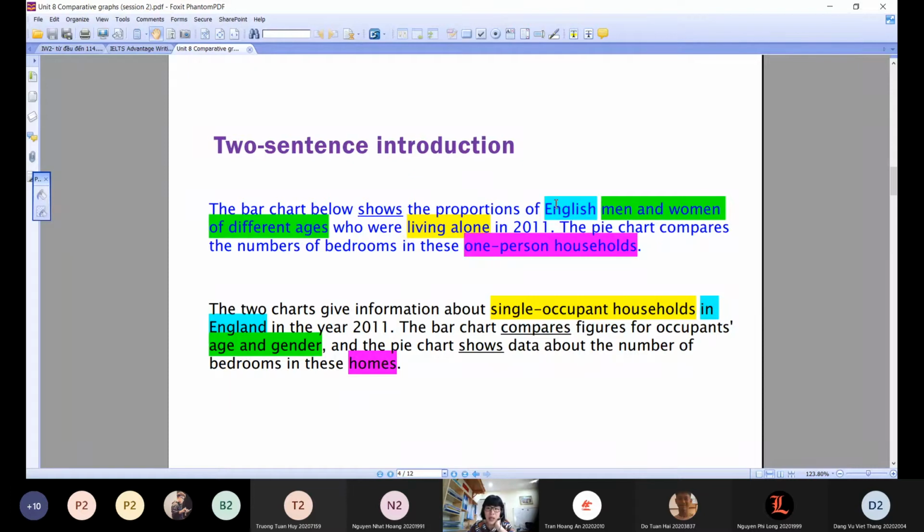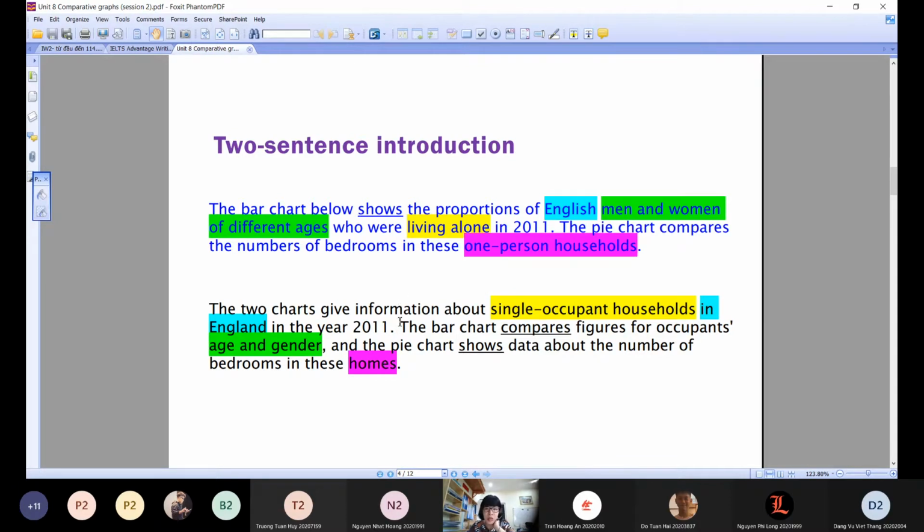So English has been paraphrased as in England, men and women of different ages, to age and gender, and homes for one-person households, and living alone, so single occupant. And for the word shows in the essay question, then you have compares and shows in the introduction.